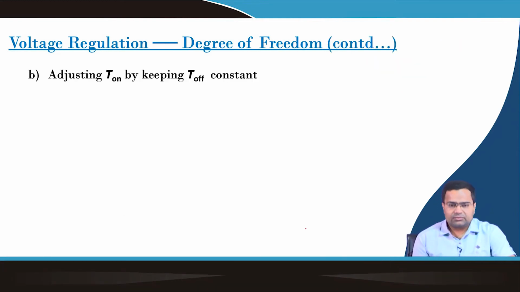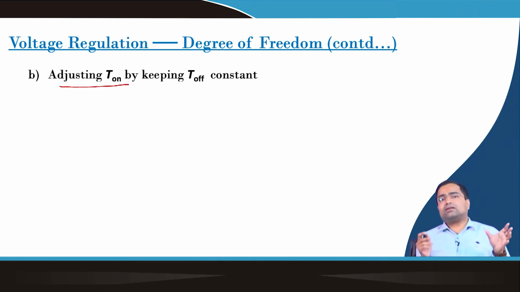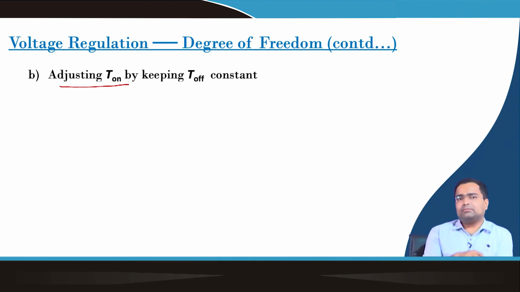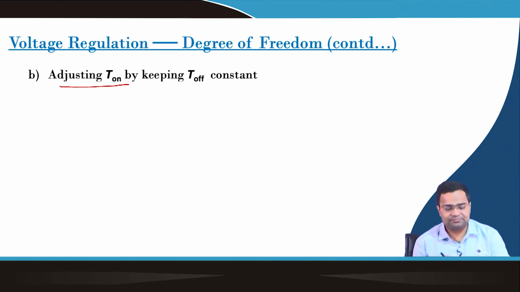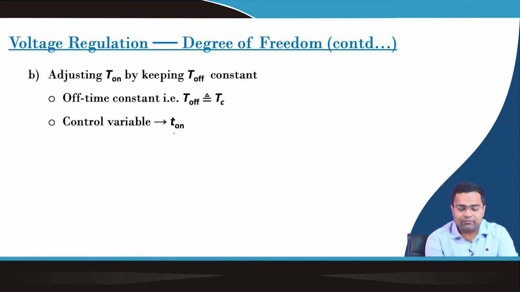Now, another degree of freedom: we can adjust the on time. That is the same as earlier, where we also adjusted on time by keeping the total time period constant. Here we are adjusting on time but keeping off time constant. That means the off time is set to a constant value, and the control variable is T on.